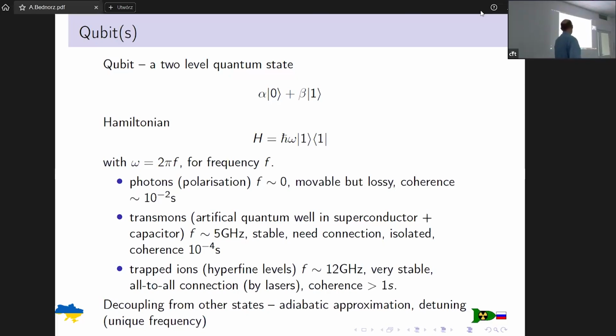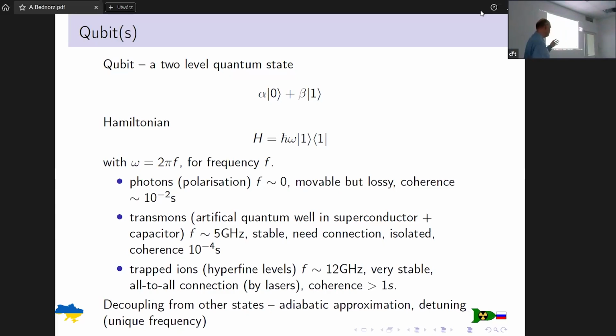And the final technology is, I don't know which one is better, but the last option is trapped ions. Trapped ions are a bit different. They work on the structure of levels of ions. They usually use ytterbium ions.